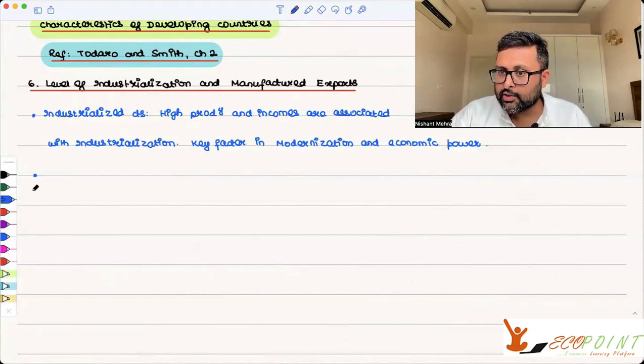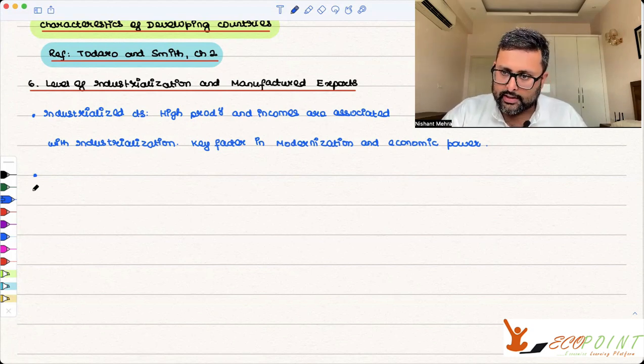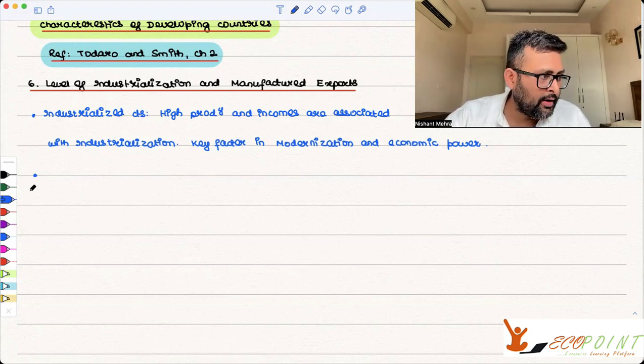The share of the manufacturing sector in East Asian economies increased, and because of that, industrialization increased, modernization occurred, and they experienced economic power.